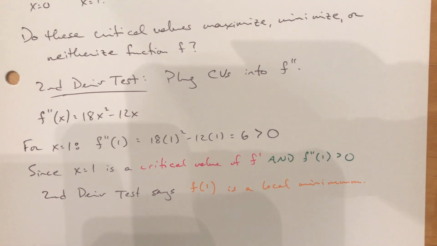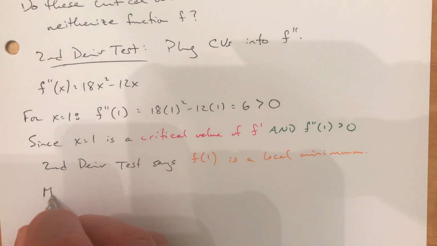I want the colors here because I want to emphasize again over and over that we are using 3 different functions to get different pieces of information. I need to start with critical values of f prime. I need to plug those into f double prime and look at the sign and then interpret what that means for f, the original function. We're bringing all 3 of these together.